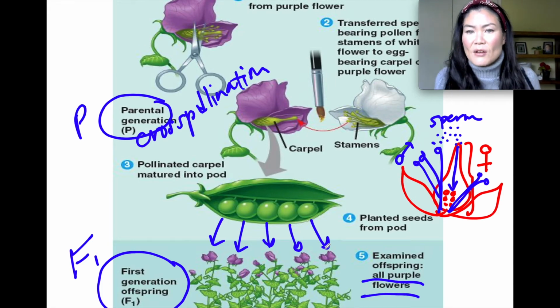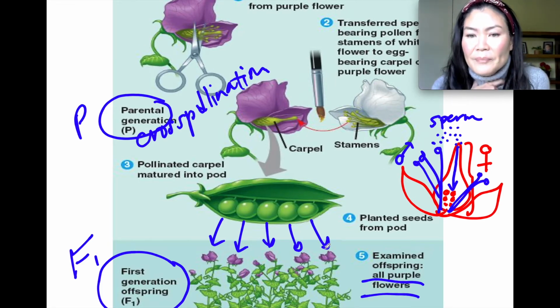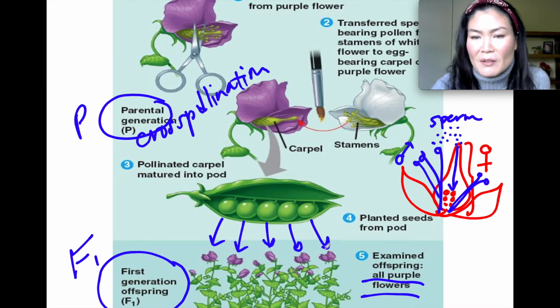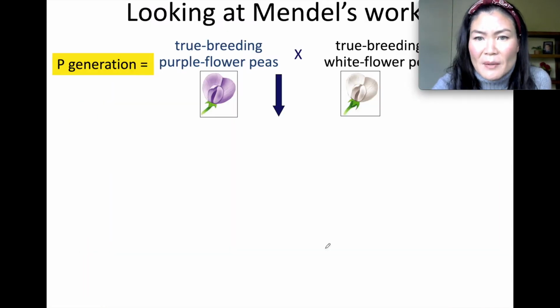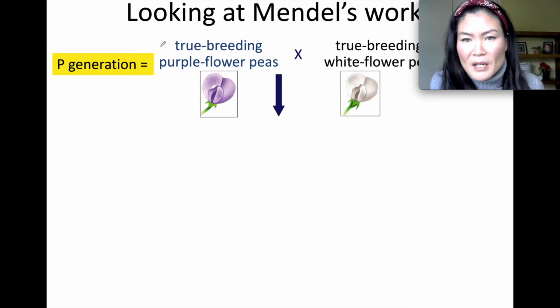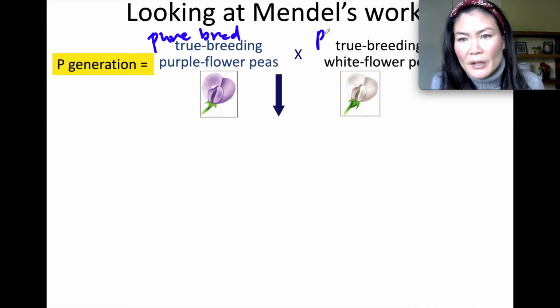Okay, so he saw this pattern, and again, that's why he is the father of genetics, because from the pattern he was able to come to conclusions about inheritance patterns. And that's what this chapter is all about. So looking at Mendel's work, the P generation were true breeding, or you can say purebred: purebred purple, purebred white.